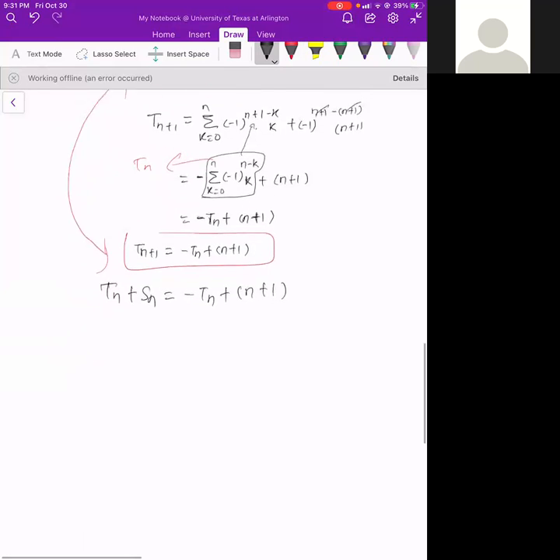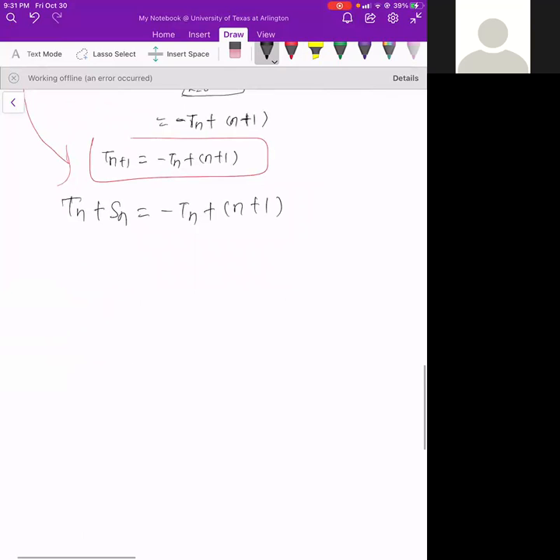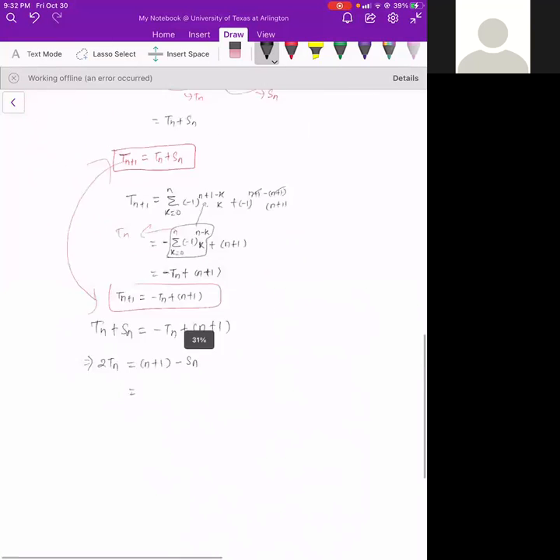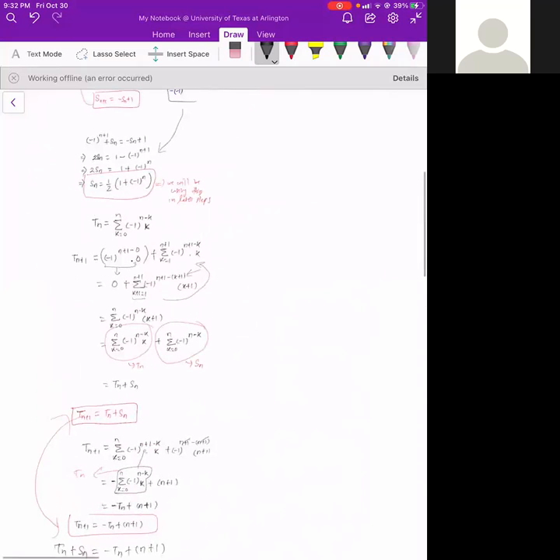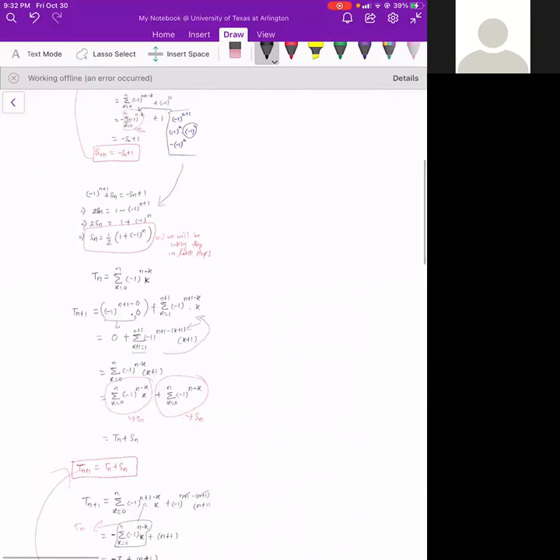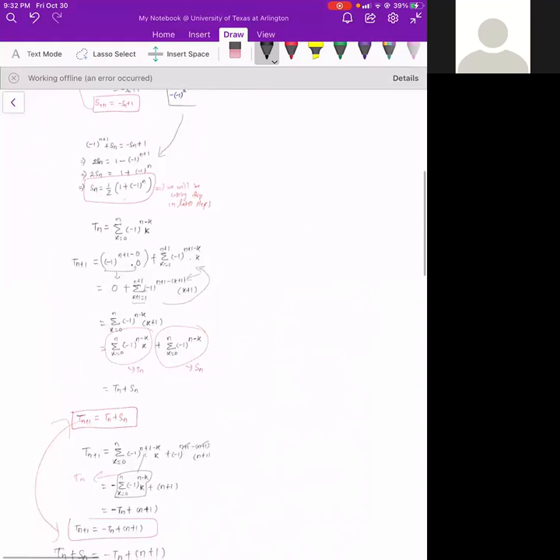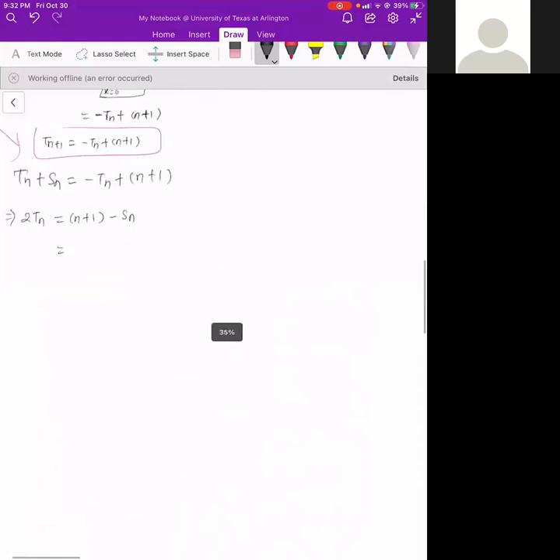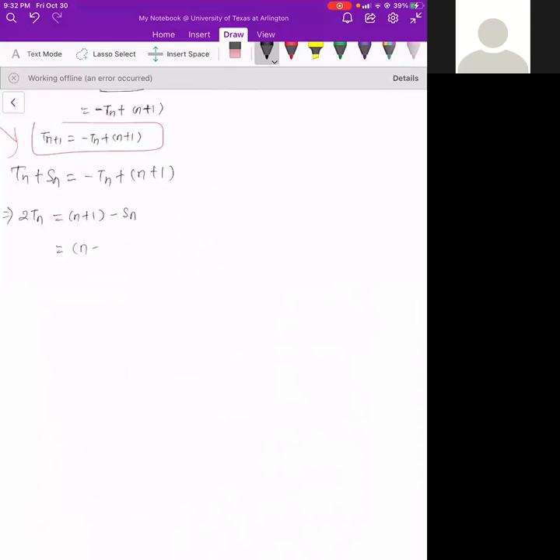Now, more algebraic simplification. This is 2Tn equals n plus 1 minus Sn. We already know what Sn is, right? After plugging it in, what our Sn, which was 1/2 of 1 plus minus 1 over n, so n plus 1 minus 1/2 of 1 plus minus 1 to the power n.